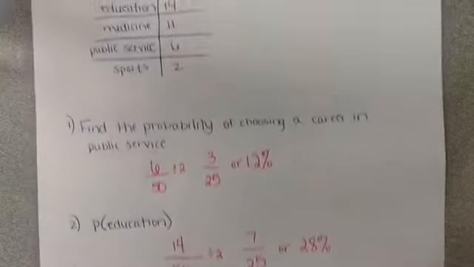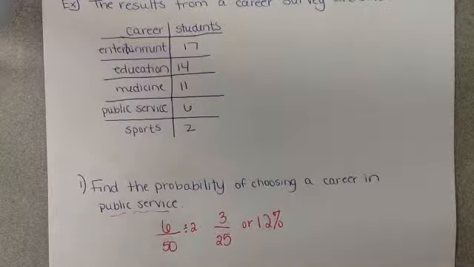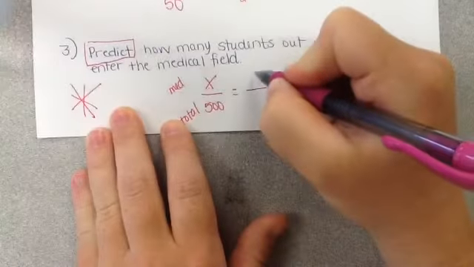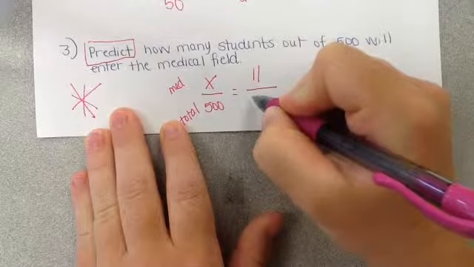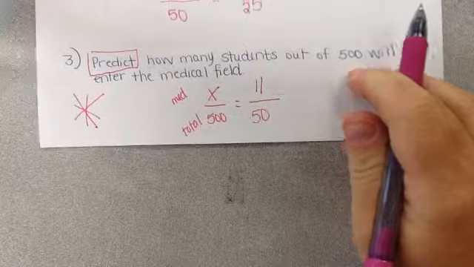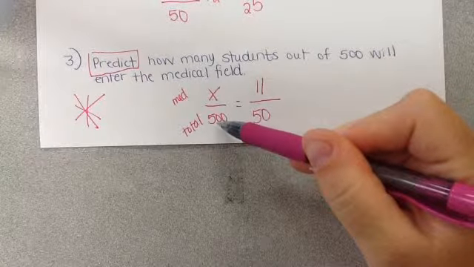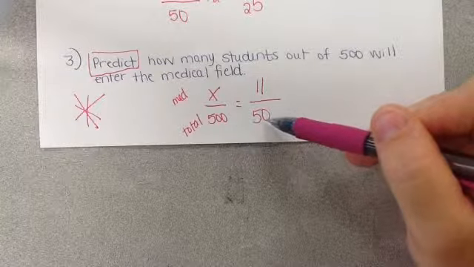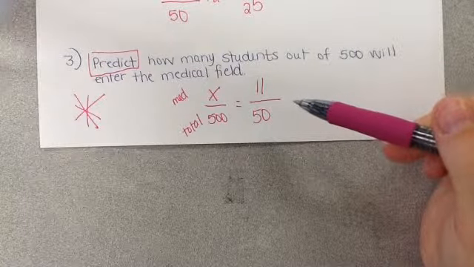But if I look up here, how many are medicine? 11. So 11 medicine out of how many? 50. We're not sure how many out of 500, but I do know 11 out of 50. And how can I solve this?